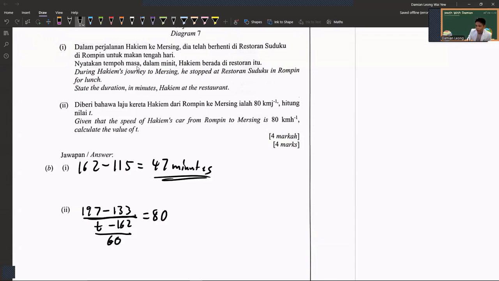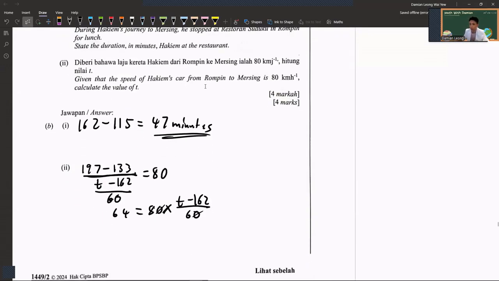So 197 minus 133 is 64. Bring up 80 times t minus 162 over 60. 8 over 6 is 4 over 3.